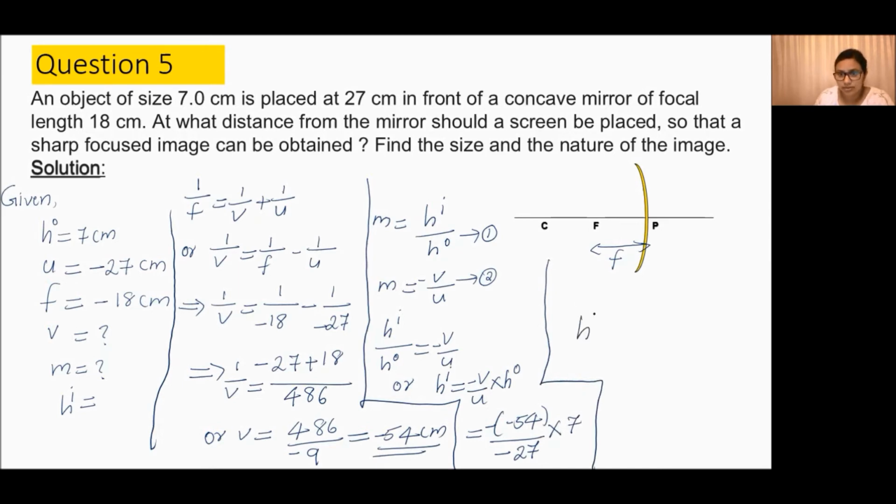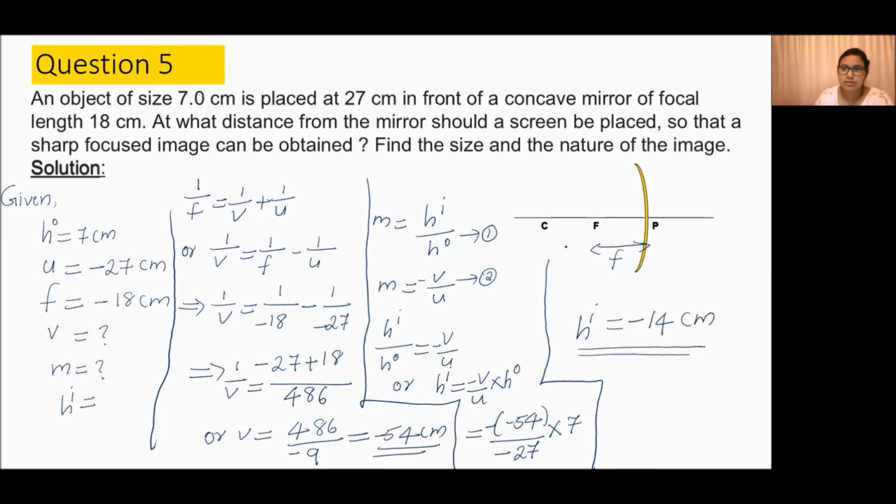Therefore, HI gives you what? Minus 54 divided by 27 into 7 gives you minus 14 centimeter.